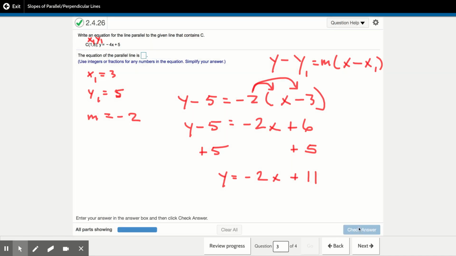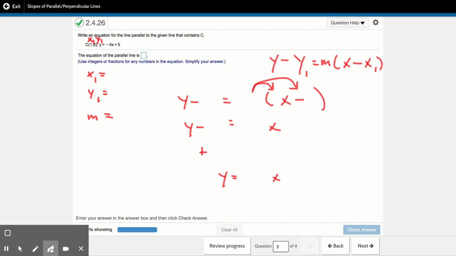So I'm going to do a similar question so that you can see and understand it. All right, with this new question we have a new x1, y1, and a new slope. Our x1 here is 1, our y1 is 8, our slope is -4. Since we have parallel lines, the slope stays the same.